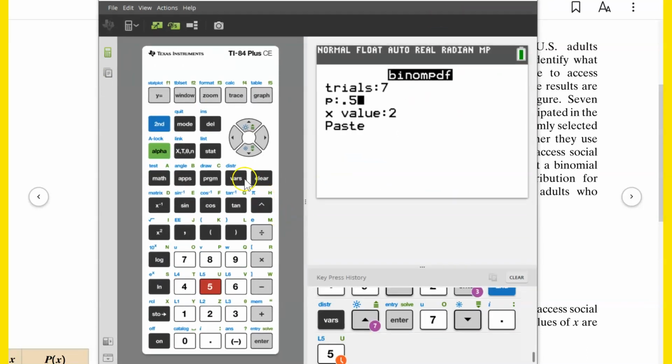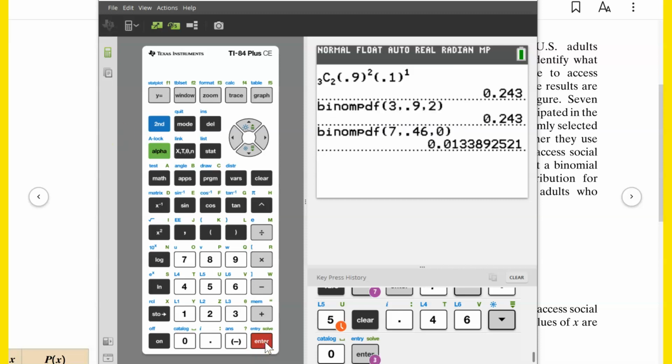Probability of success is 0.46. And the X value, let me start with 0. And so my first probability would be 0.013, or about 1.3%.